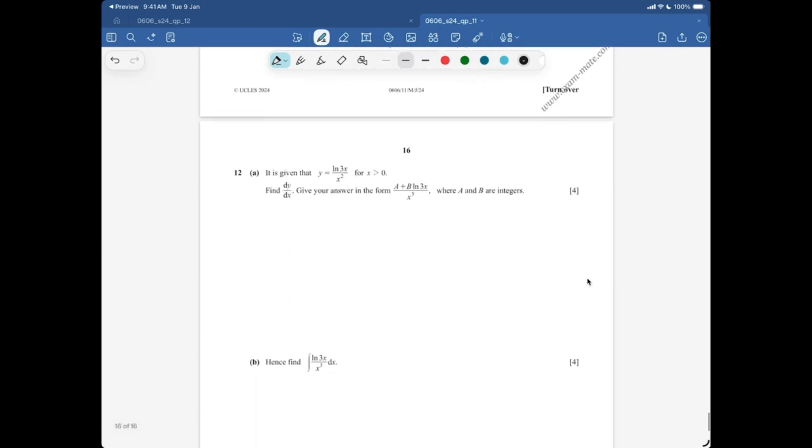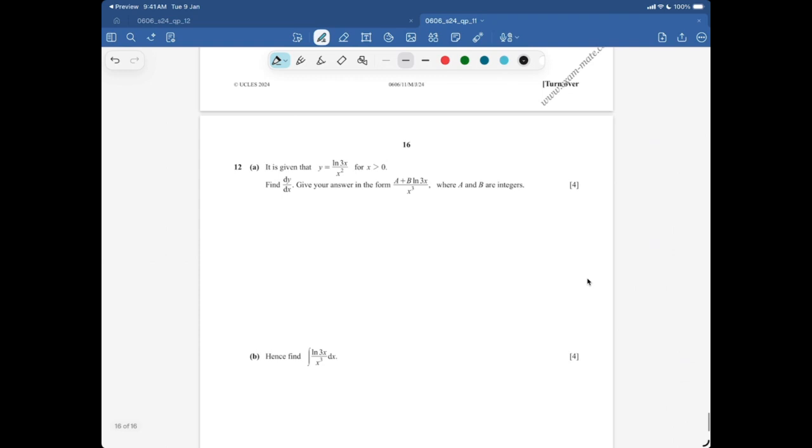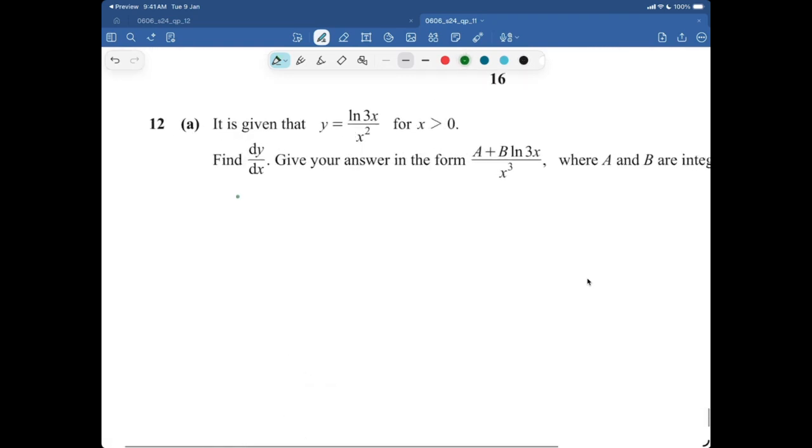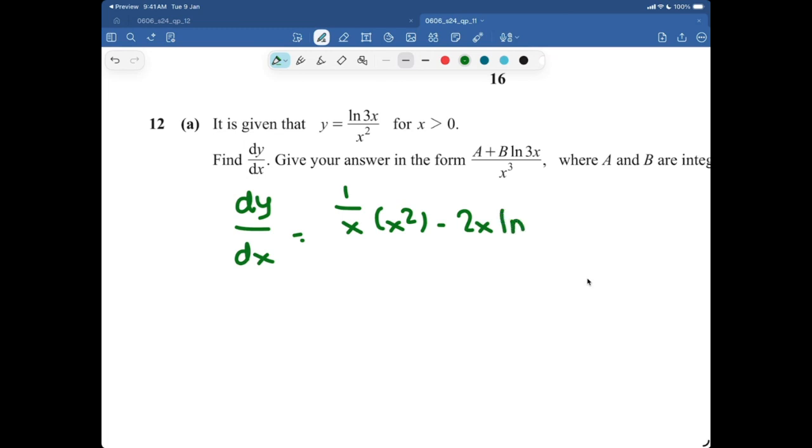So this is a standard quotient rule question. dy/dx is equal to 1 over x times x squared minus 2x ln 3x, all over x squared squared.